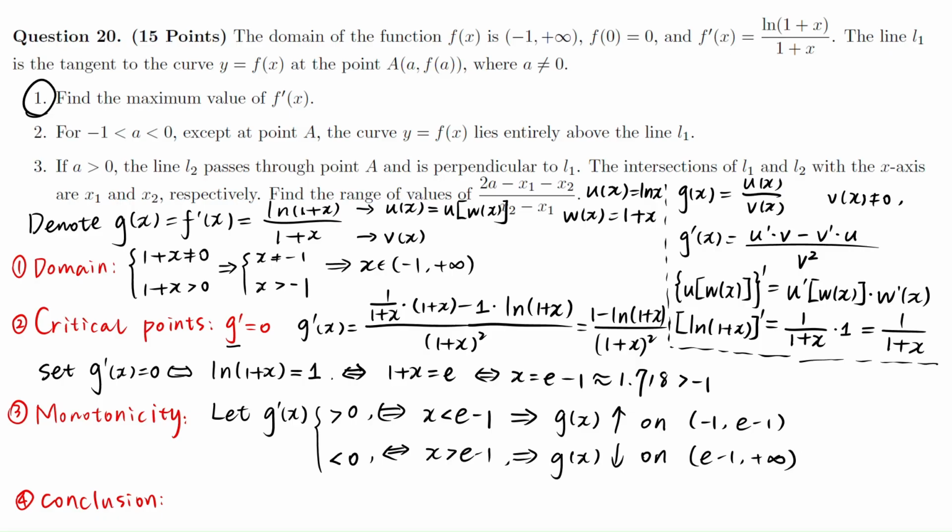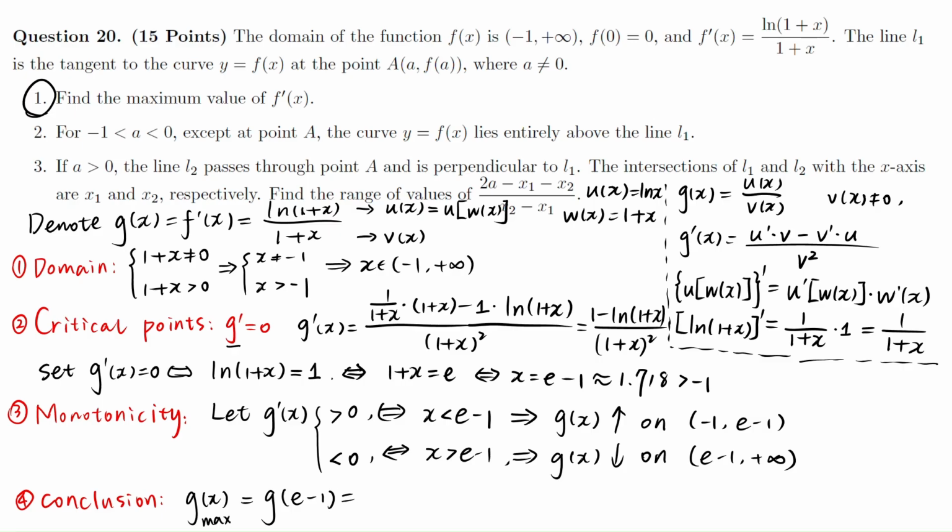Okay, so this function is increasing on the interval minus 1 to e minus 1 and decreasing on the open interval from e minus 1 to plus infinity. Therefore, we can find the maximum value because e minus 1 is just the maximum value point, right? So the conclusion is g of x, its maximum value is equal to what? That's right, it's just g of e minus 1.